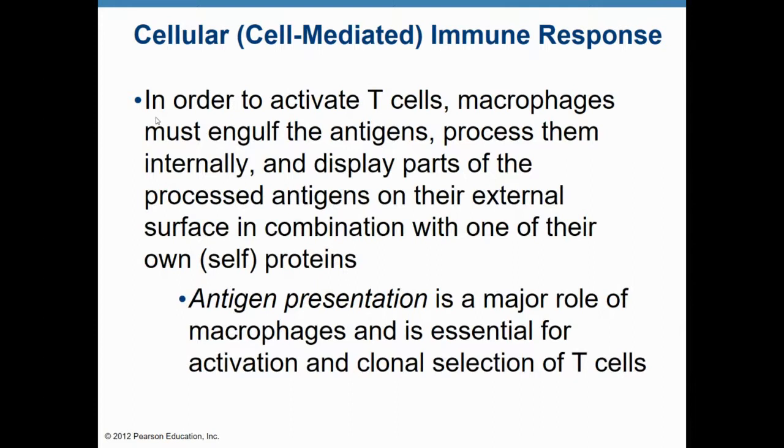Now, in order to activate a T cell, a macrophage has to grab onto an antigen, engulf it, chop it up, and display a little piece of that antigen on the external surface and show it to the T cell. So that step is called antigen presentation. It's the first step that's required for the activation of our T cells so that they can undergo clonal selection and create an army of clones.